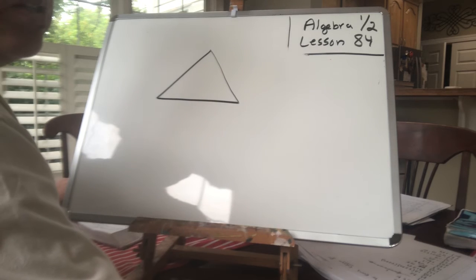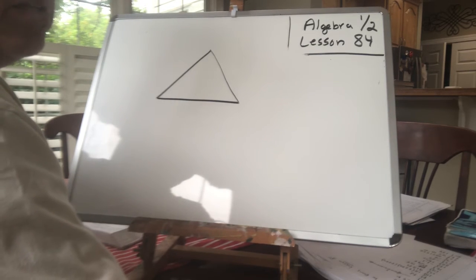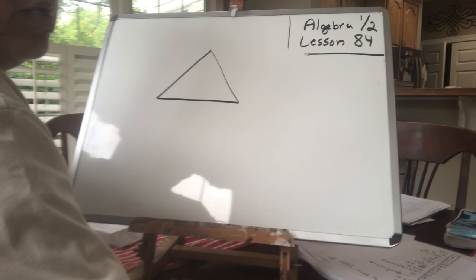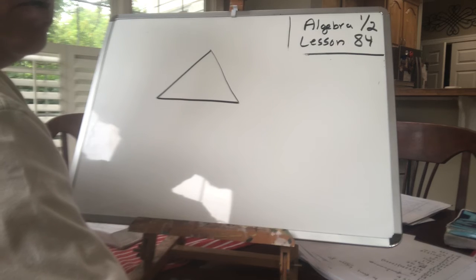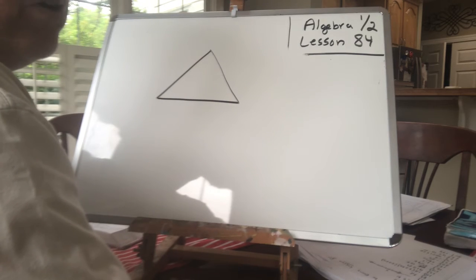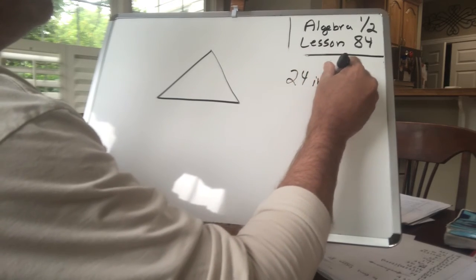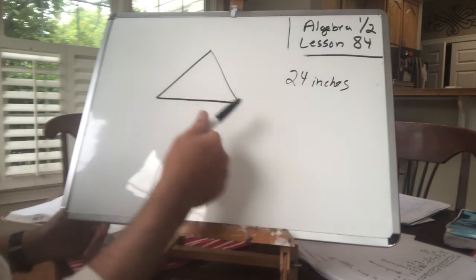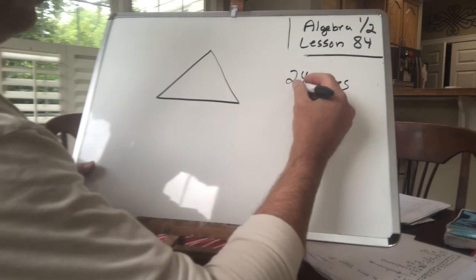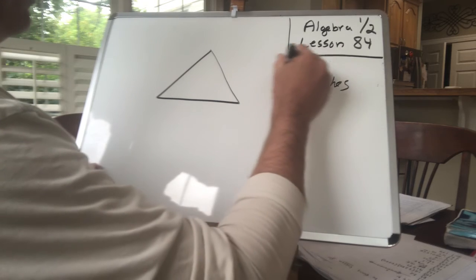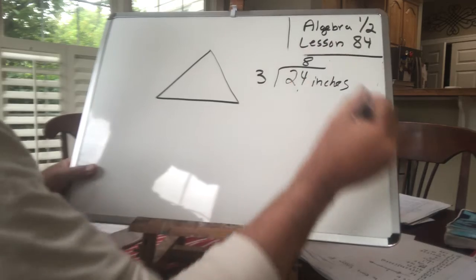Well, first of all, it says it's 2 feet. So you have to convert 2 feet to inches because it wants its answer in inches. So how many inches is 2 feet? Well, there are 12 inches in 1 foot. That means there's 24 inches in 2 feet. Okay, and there's 3 sides, and they're all equal sides. So I just go 24 divided by 3. 24 divided by 3 is 8.